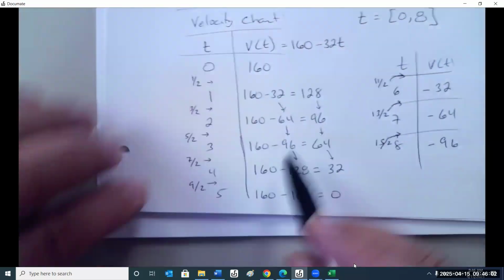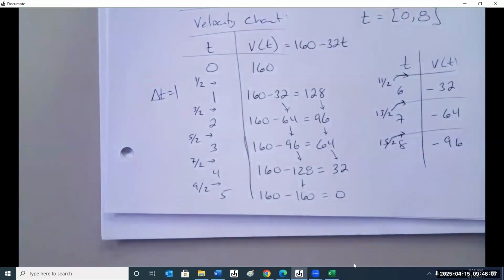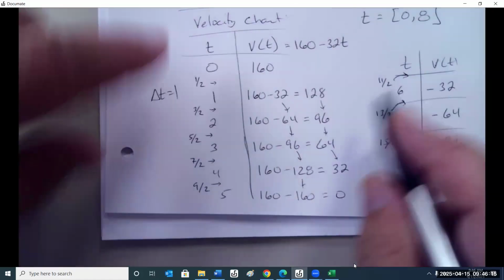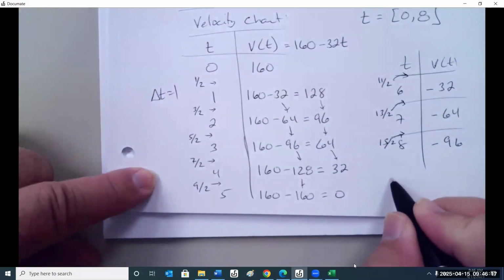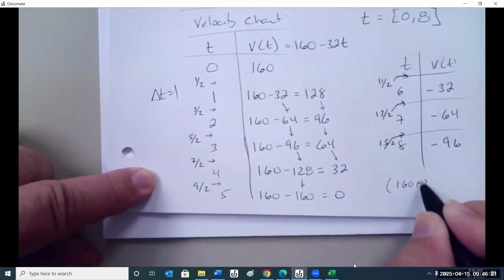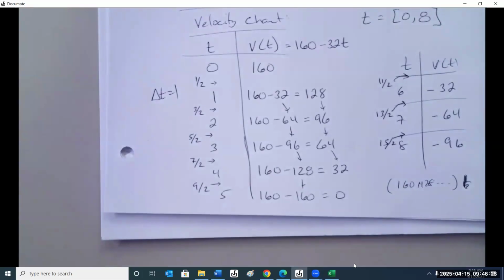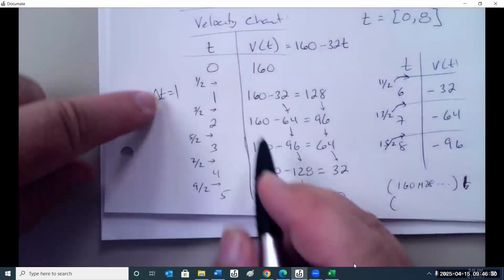Because all of these original ones, our delta t was 1. So we can add up all those: 160 plus 128, blah, blah, blah, times 1, because that's the interval. Now we look at all of these other ones.